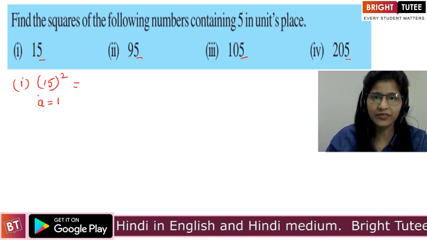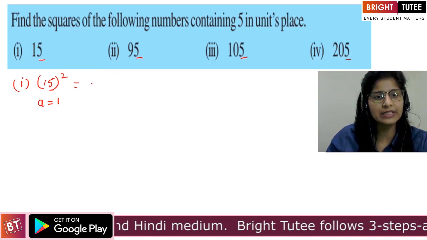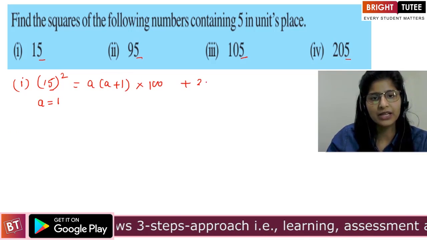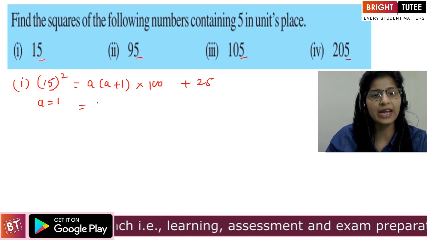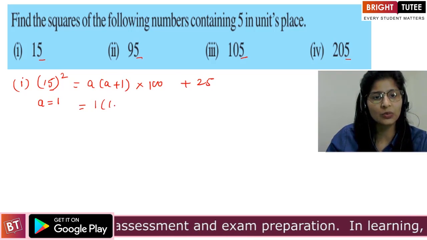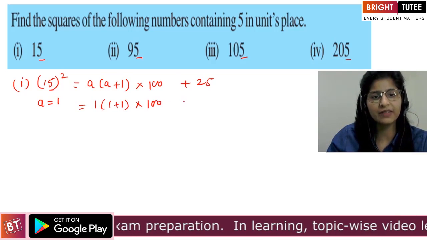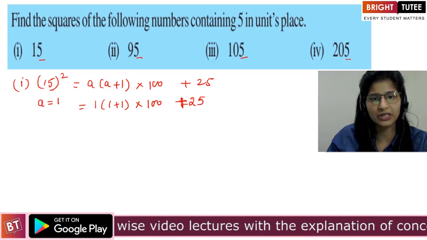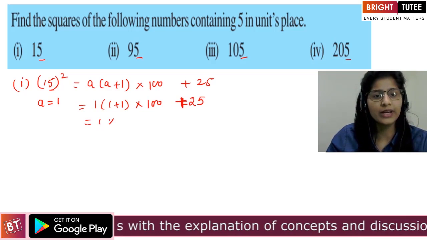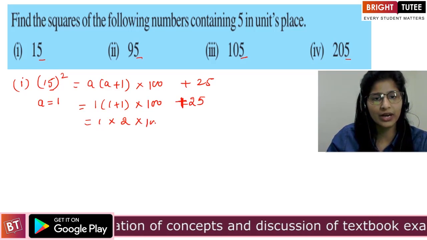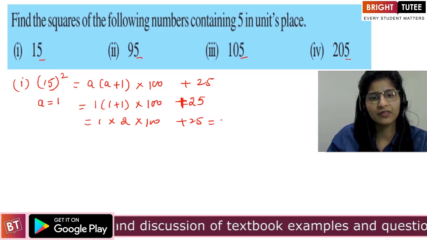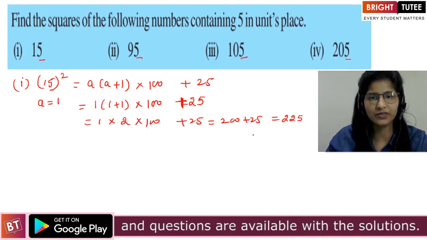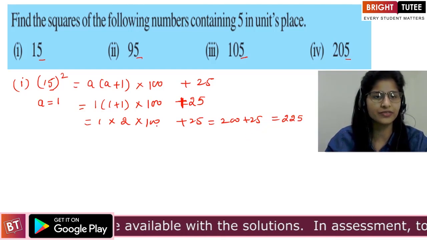Leaving 5, A is 1 and the formula is A into A plus 1 multiplied with 100 plus 25. So 1 into 1 plus 1 is 2, into 100, plus 25. We get 200 plus 25. That gives us 225. So this is the square of 15.